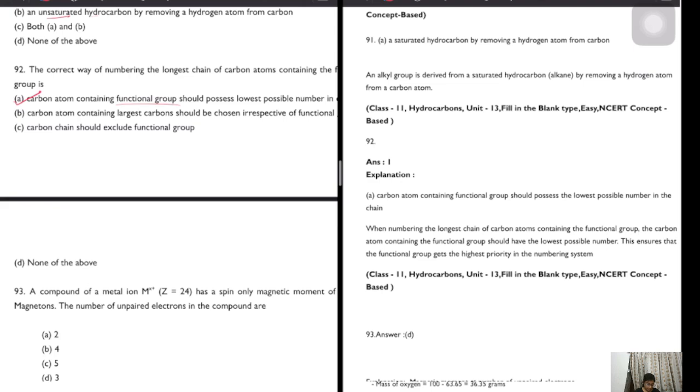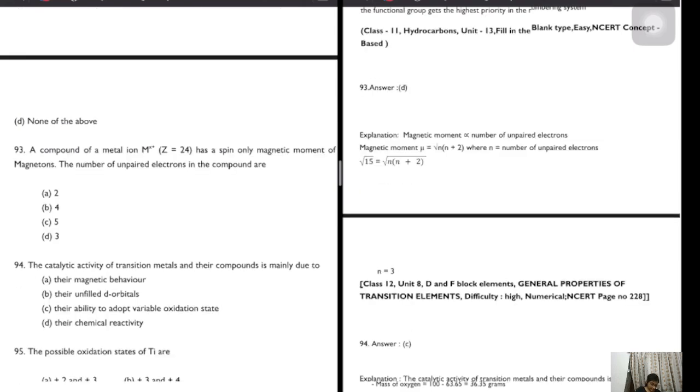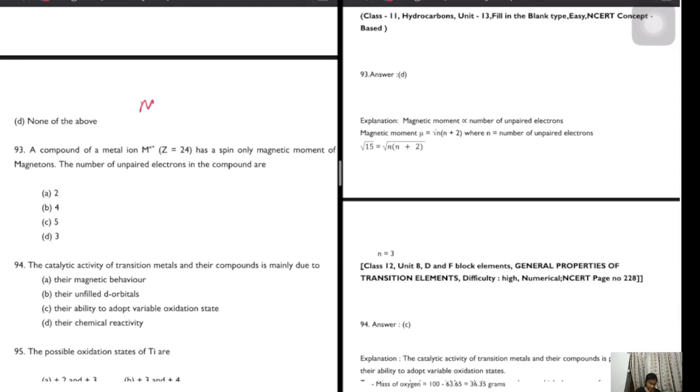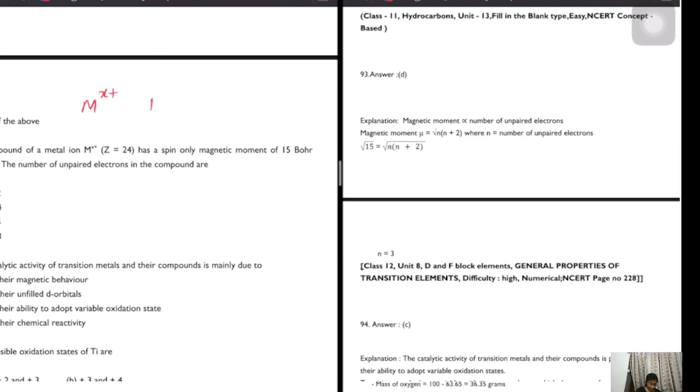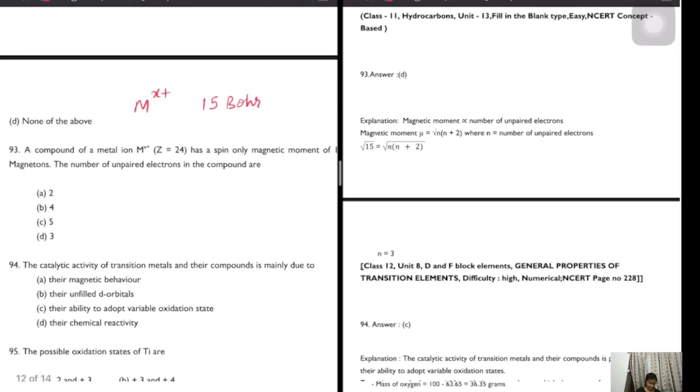Now in the next question, it is given that a metal ion Mx plus has a spin only magnetic moment of 15 Bohr. Number of unpaired electrons is asked. Now we know that mu is equal to under root of n into n plus 2. Okay.